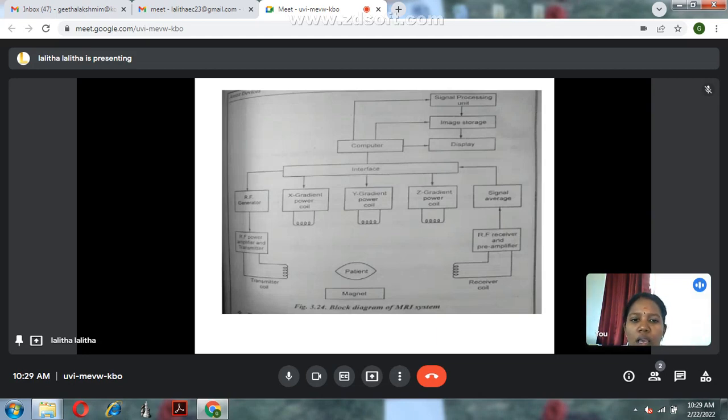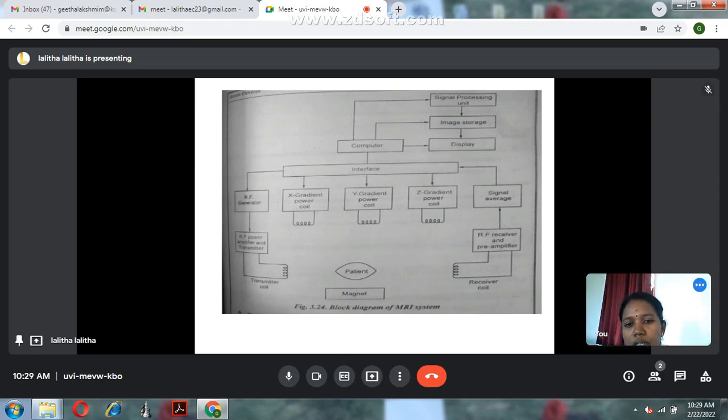Next, this is the block diagram of the MRI system. The block diagram consists of coils: X gradient, Y gradient, Z gradient power coil, and the receiver coil. Here the interface connects the magnet and patient. The magnet is fixed near the patient, and the transmitter coil and receiver coil are also placed there.